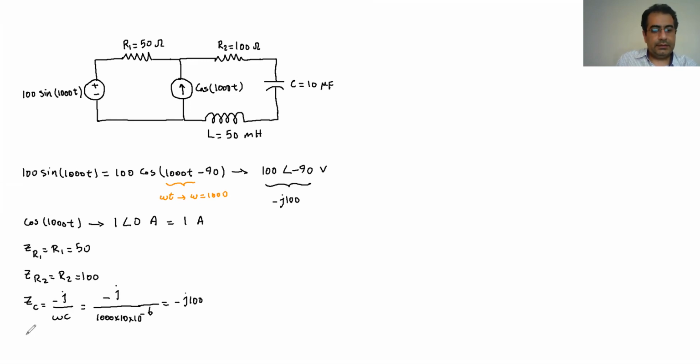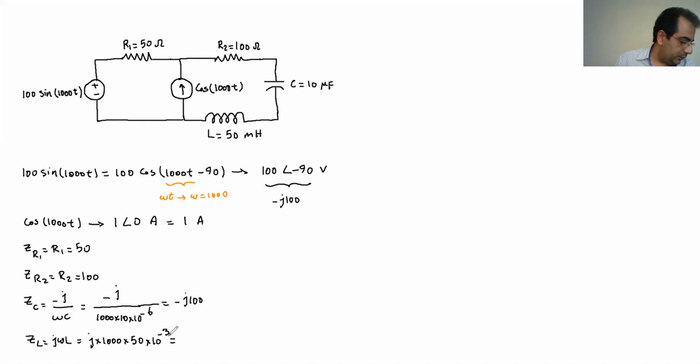The same for the ZL. The ZL is going to be j omega L. The omega is 1000 and L is 50 micro, 10 to the negative 3.